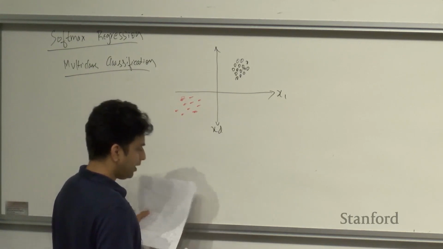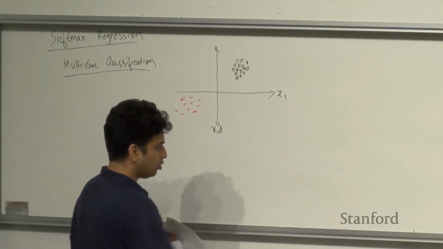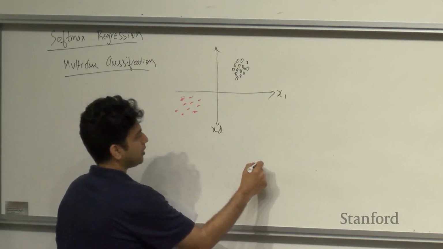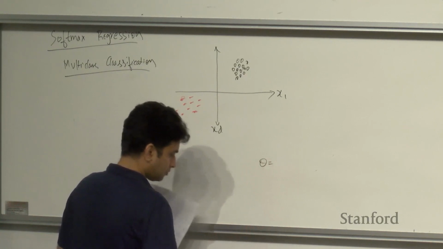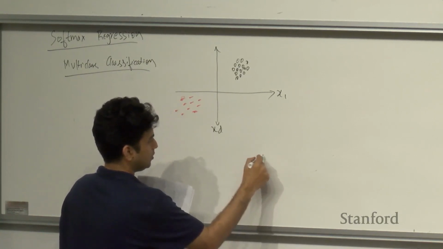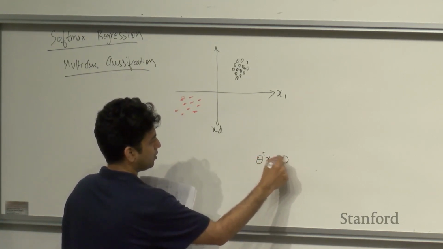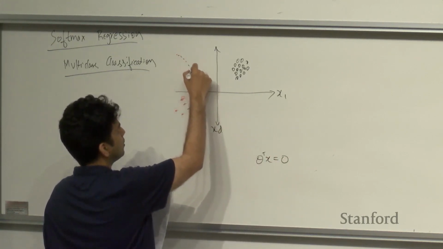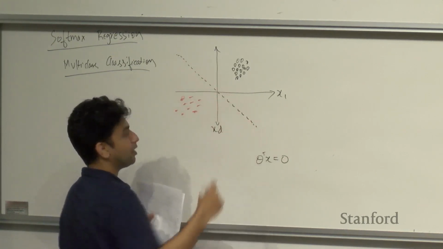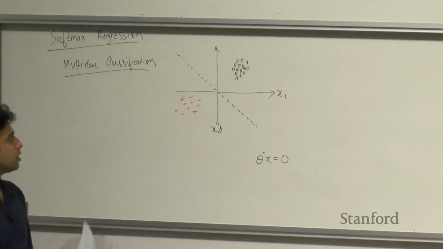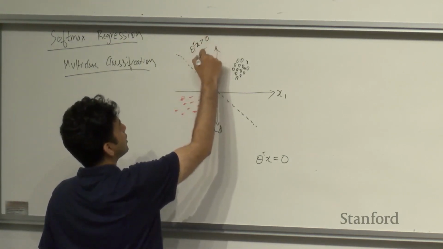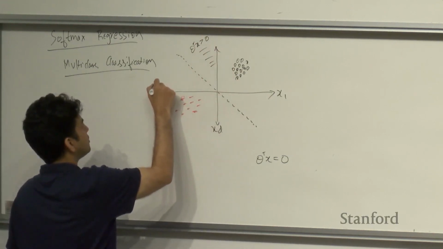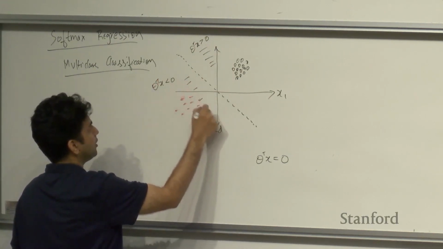Our goal was to come up with some theta such that theta transpose x equal to 0, this line, would act as a separating hyperplane. That was logistic regression. Theta transpose x greater than 0 was like the positive class, and theta transpose x less than 0 was the negative class.